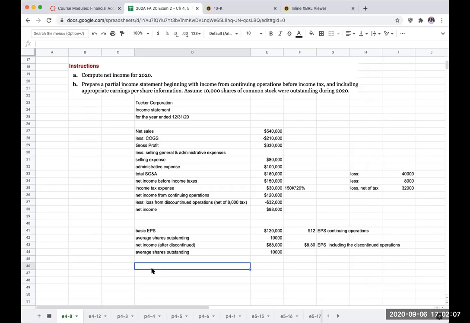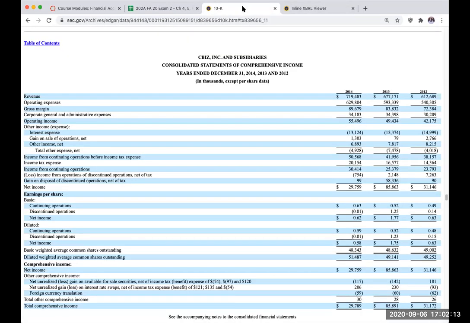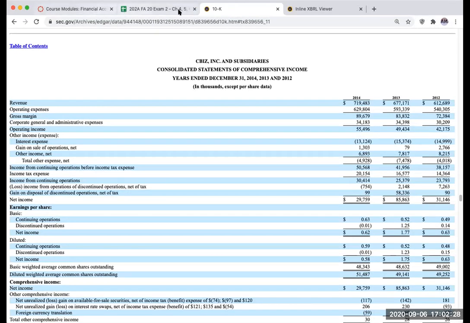It's not that it's a bad thing to copy things. It's just that if someone has disclosed it before, and if it's gone through SEC review, that probably means that you should be doing it the same way, or at least to avoid a review comment when you're submitting your financials.